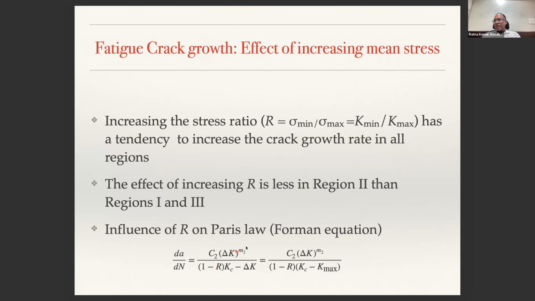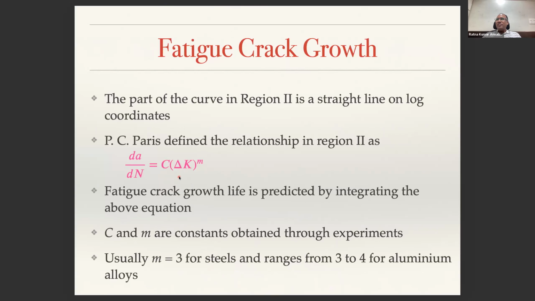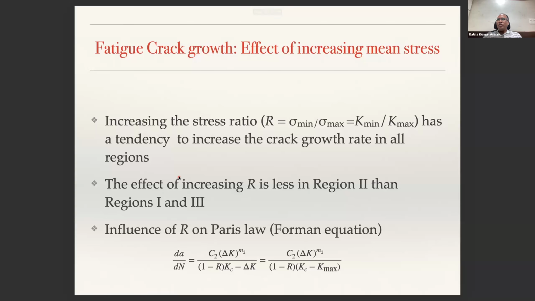So C2 delta K whole power m2 by 2 Kc minus delta K. All right, that somehow breaks down to dA/dN is equal to C delta K power m. This is the influence of the stress ratio if you have mean stress. If you don't have mean stress, you can use this formula, C delta K whole power m. Otherwise, you can use this Foreman equation.